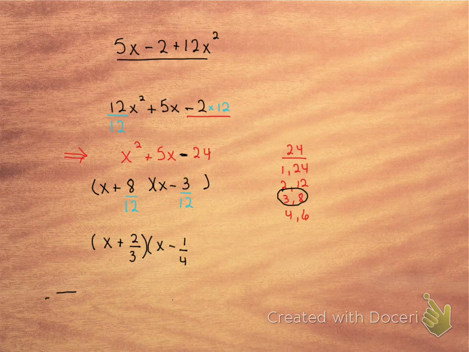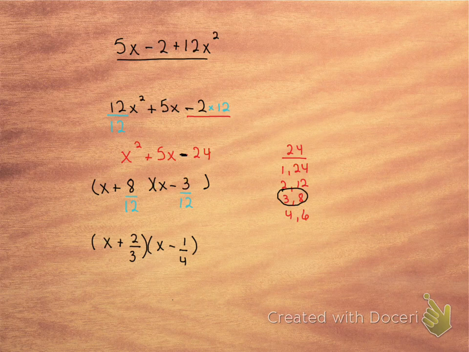Now, I would say you're done, except for the fact that you are not going to be allowed ever to leave fractions in factors. So we need to deal with the 2/3 and the 1/4. Very, very easy fix.